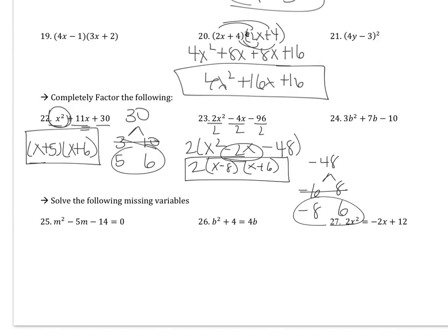Last one. Does it have a GCF? Nope. How do I know on this problem I have to do the slide and divide method? Because I have a coefficient in front of my b squared. So I'm circling that 3. Sliding it to the back, I get negative 30.